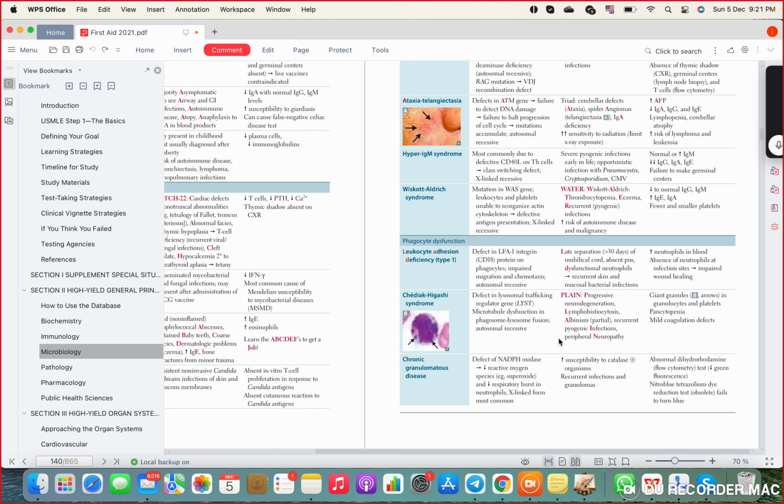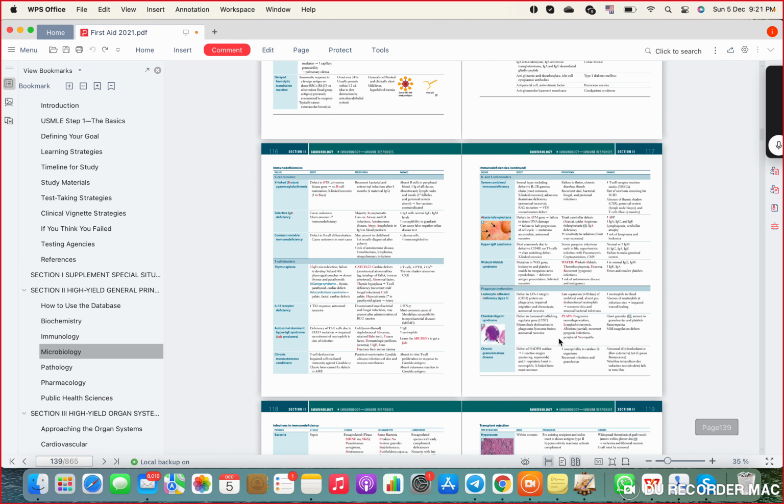Which immunodeficiencies are X-linked? X-linked agammaglobulinemia. That's one. Wiskott-Aldrich, that's two. Even SCID, not the ADA, but the interleukin-2 receptor. That's three.